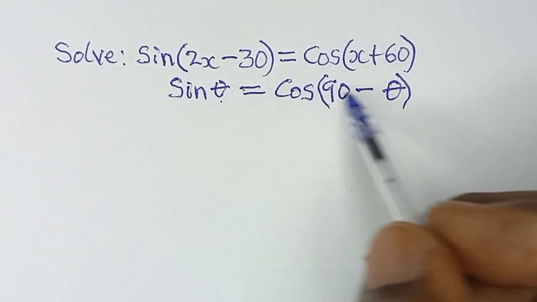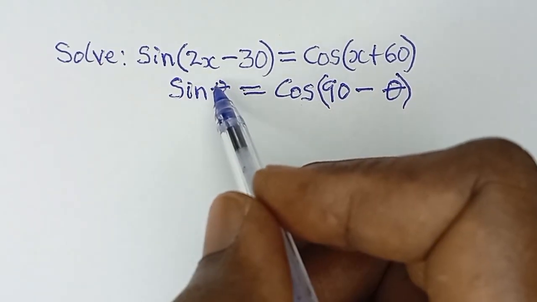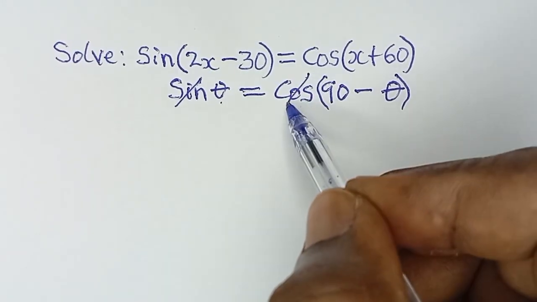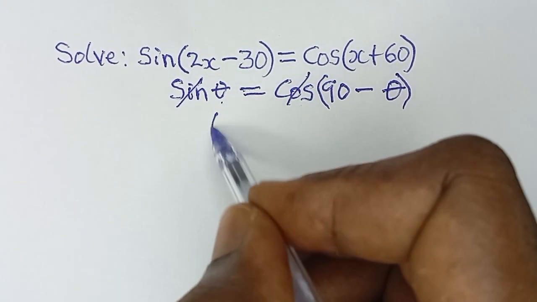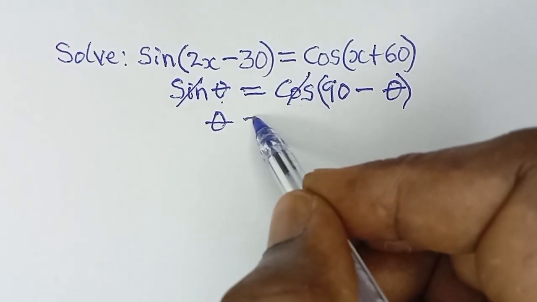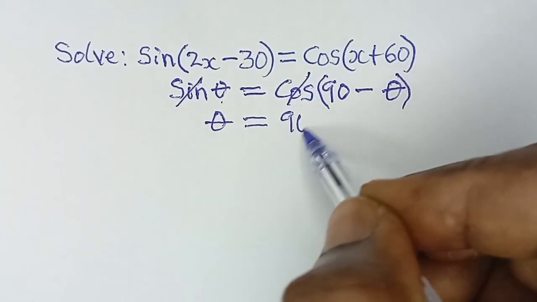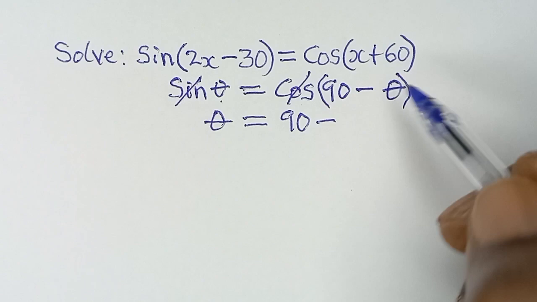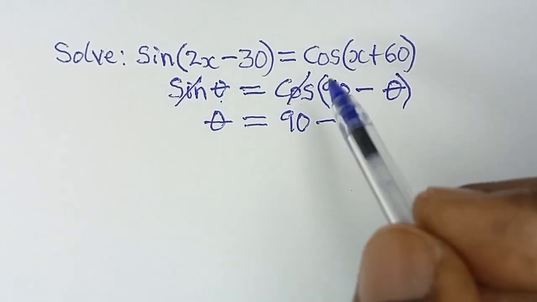Now, let's see what we are going to get here. If we ignore the sine and cosine part and say let theta, using the same rule, theta will be equal to 90 minus this angle. So I'm trying to prove a point here.